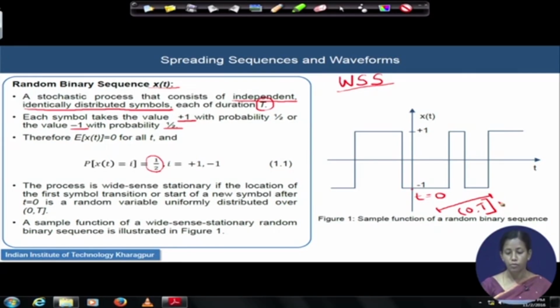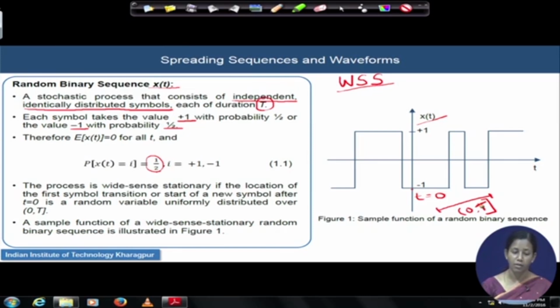I repeat, to declare that the stochastic process x(t) is wide sense stationary, you need to check that the first symbol of x(t), or any new symbol after t equal to 0, which is a random variable, is uniformly distributed over the open interval of 0 to T, where T is the duration of that symbol. If it holds good, then we can declare the process to be a wide sense stationary process.